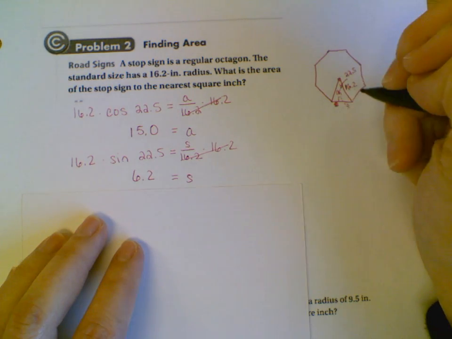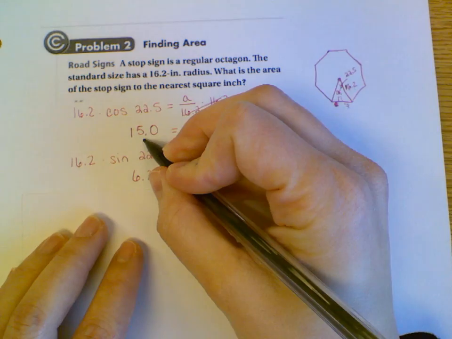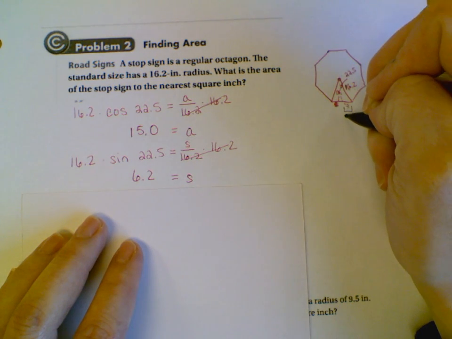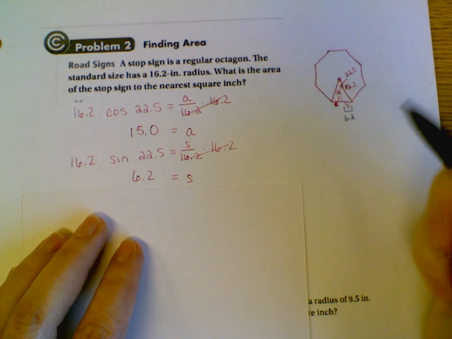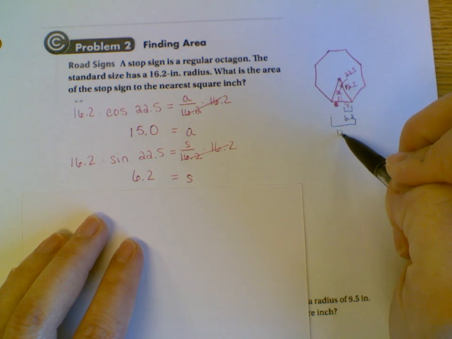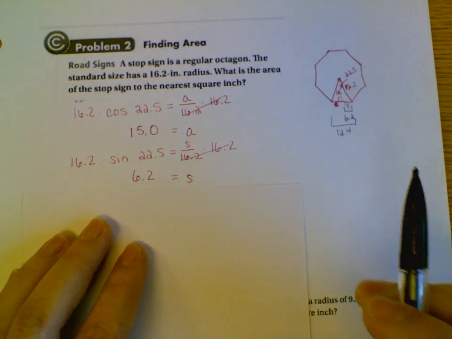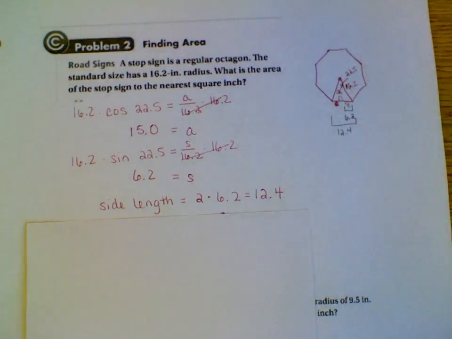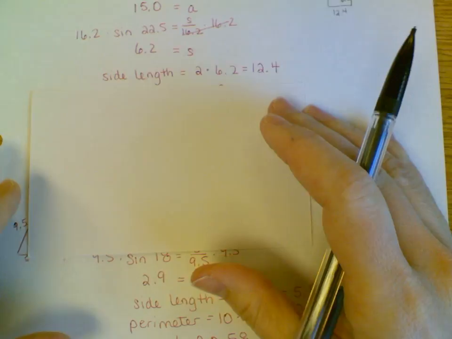So what we just found was the apothem is 15, but I only found half of the side length. So remember, I need a full side length, so I would have to double that and get 12.4. Then to find my perimeter, I would then have to go back and take it times 8.